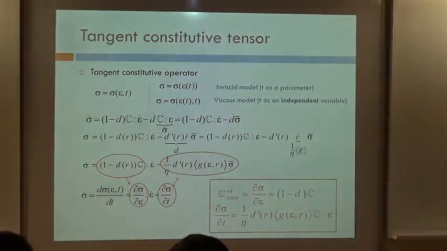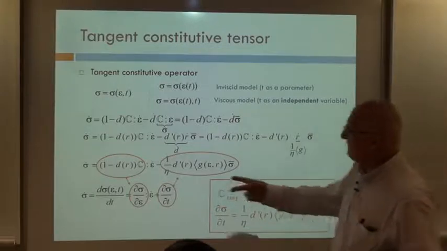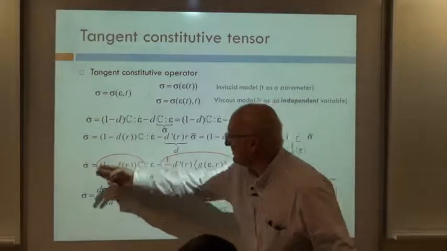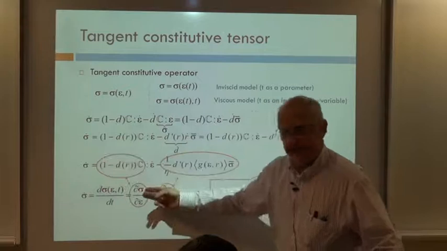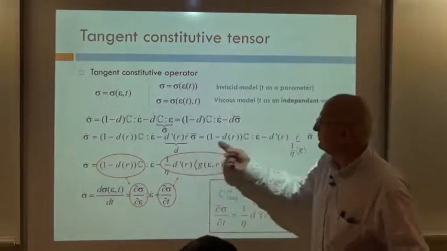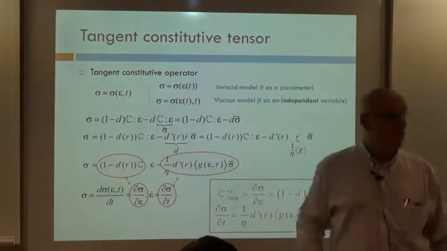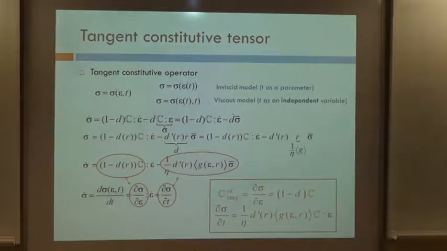Okay? So now we have to be careful with that, because we have a derivative of sigma with respect to epsilon, which is this, and a derivative of sigma with respect to t, which is this. What is the tangent constitutive operator that we will need to export in order to be used in Newton-like linearization procedures?